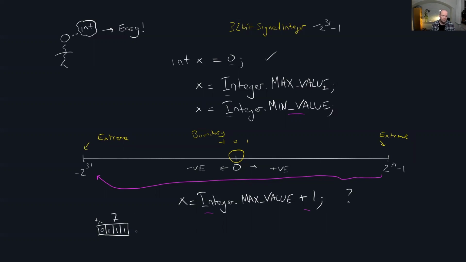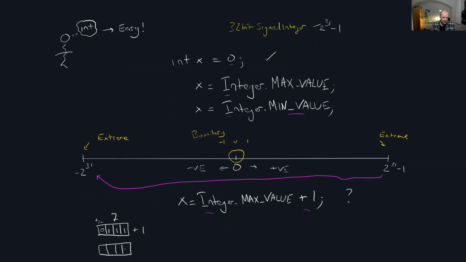We add 1 to this. I'm going to need another register below to put the answer into. What is 1 plus 1 in binary? 10, exactly.